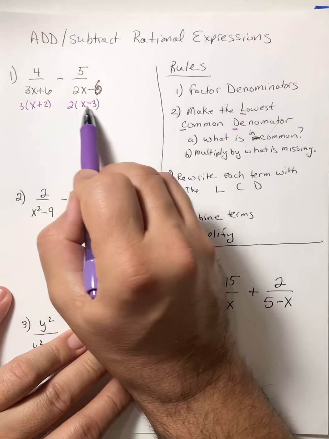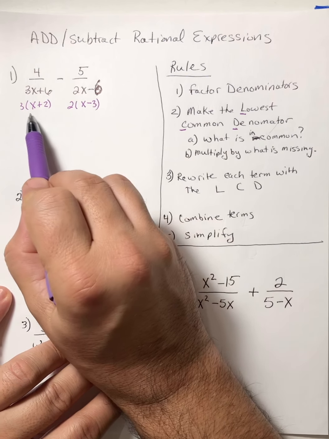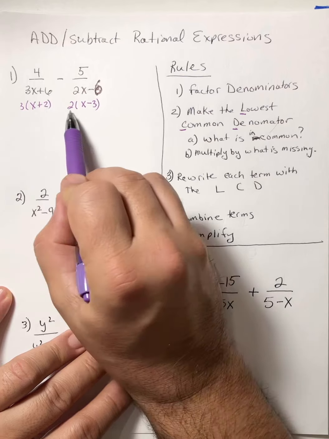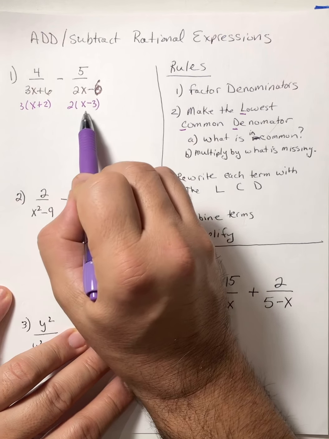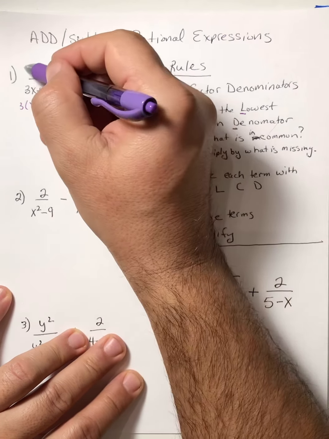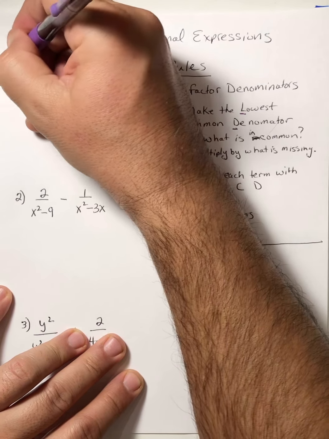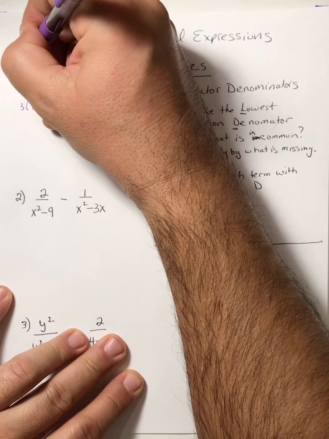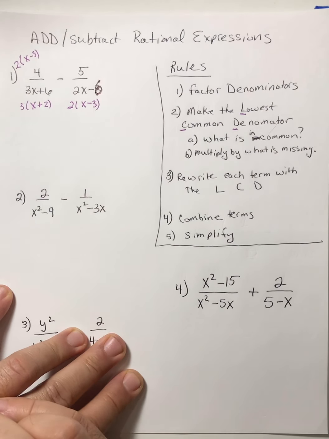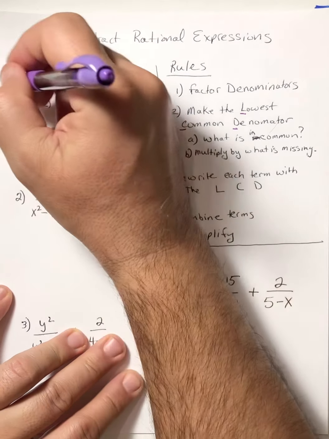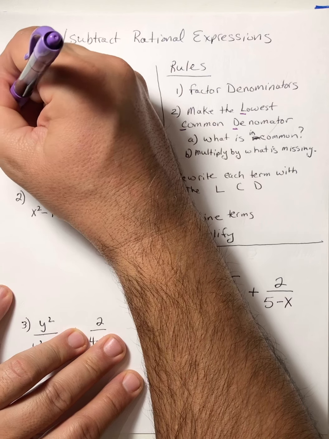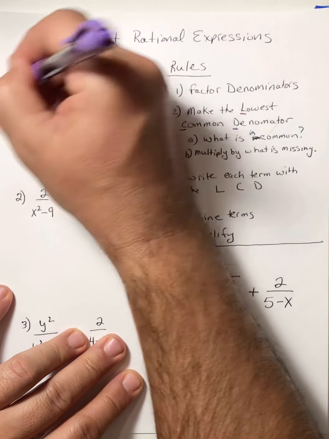Since these have nothing in common, this side is missing this entire piece. So we have to multiply top and bottom by this entire piece, the 2 and the x minus 3. Okay? We're multiplying by what's missing. And we have to multiply the bottom by the same thing, the 2 and the x minus 3.